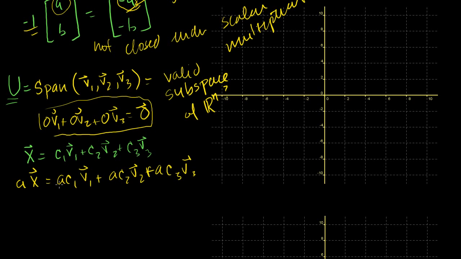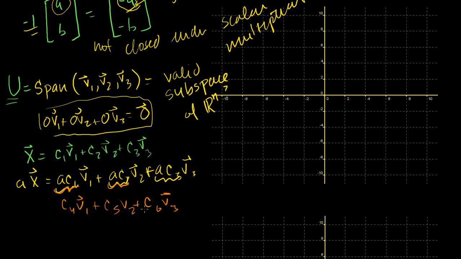Since these are arbitrary constants, you could write each product as another arbitrary constant. All I did is multiply both sides of this equation by a scalar. But clearly, I could rewrite this expression as c4 times v1 plus c5 times v2 plus c6 times v3.